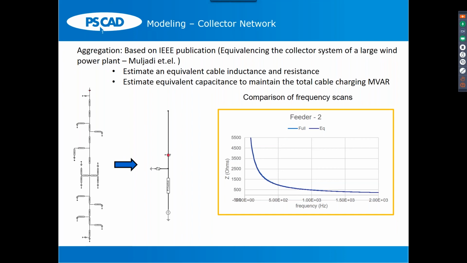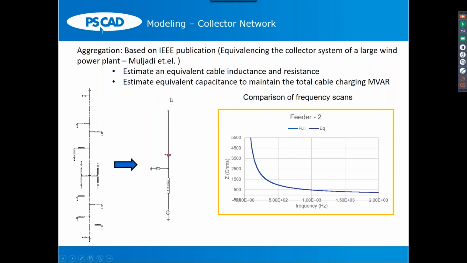Essentially, what you're trying to do is, through some simple arithmetic based on the cable data and the current injections from different locations where the wind turbines are placed, estimate an equivalent cable inductance and resistance for a single segment, aggregate representation.